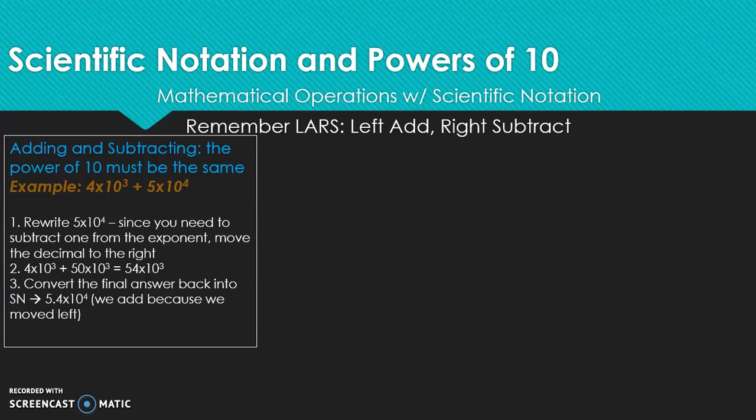Since you need to subtract 1 from the exponent, you're going to have to move the decimal place to the right. So you're going to have 4 times 10 to the third plus 50 times 10 to the third equals 54 times 10 to the third. You have to understand that this number and this number are the same thing. You're going to convert the final answer back to scientific notation, 5.4 times 10 to the fourth. We add because we move left. Remember that.